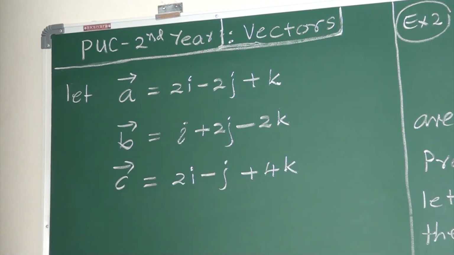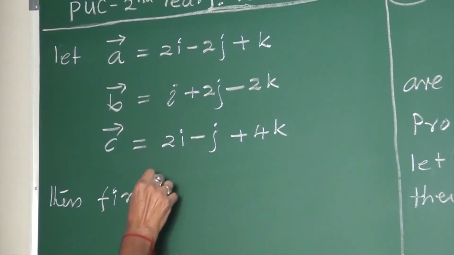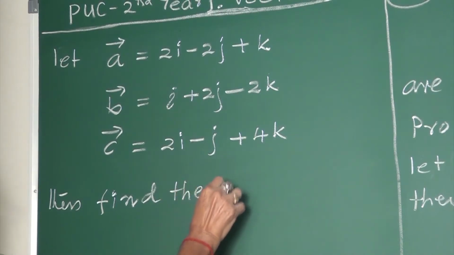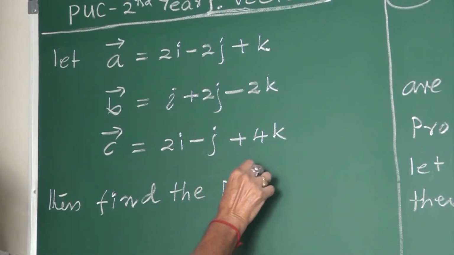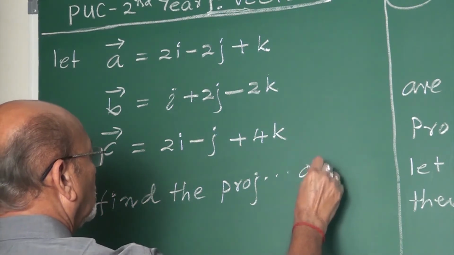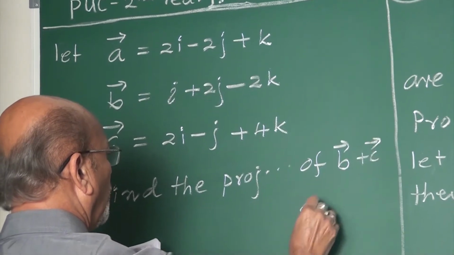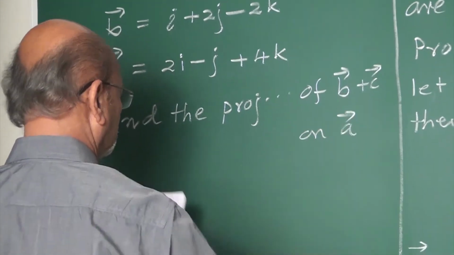Then find the projection of vector B plus C on vector A.